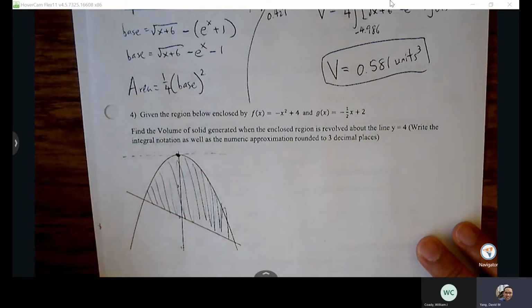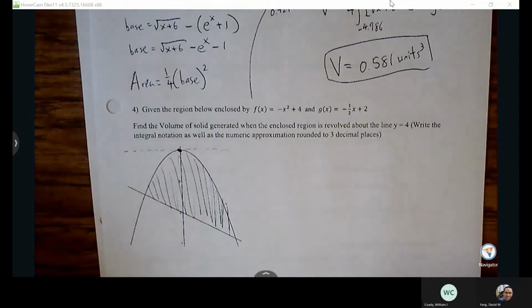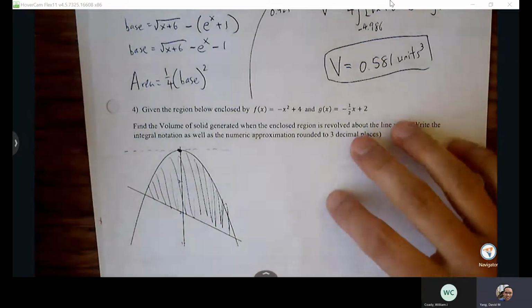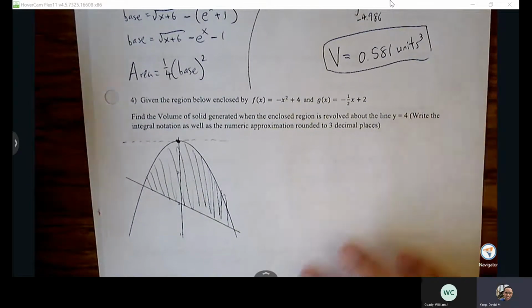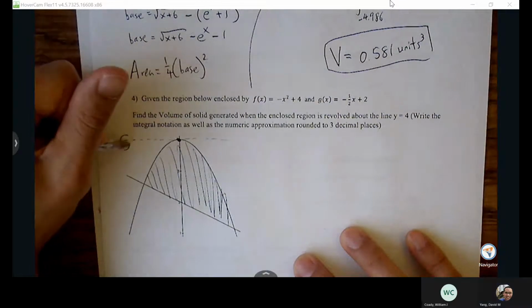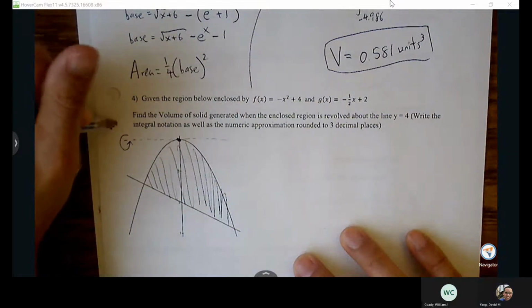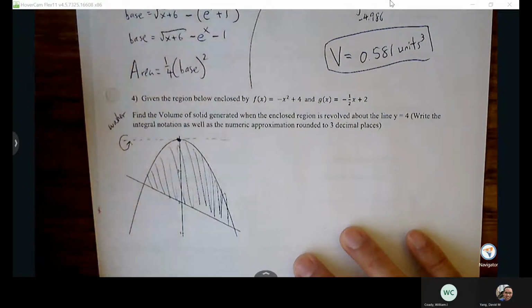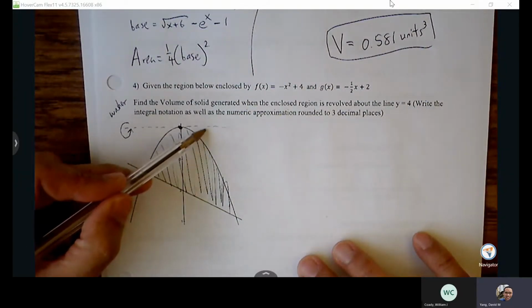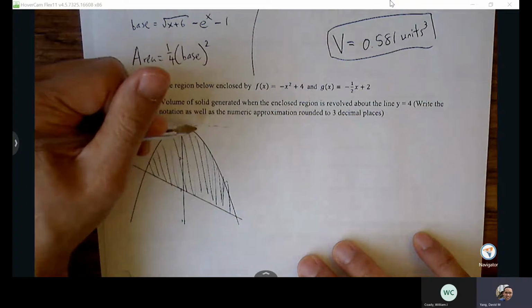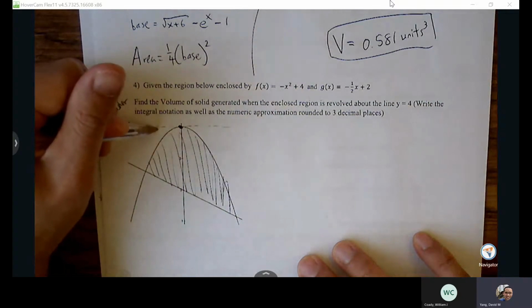Okay, so we need to find 2 radius. From the axis of revolution, we extend to the furthest boundary to create our big radius.